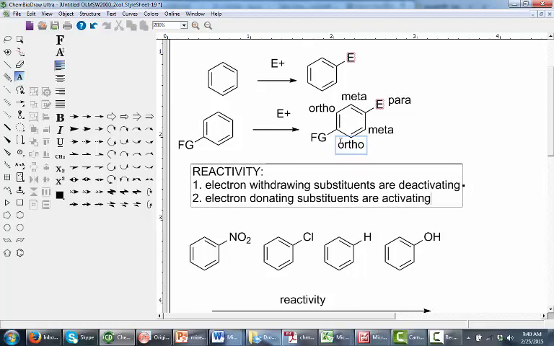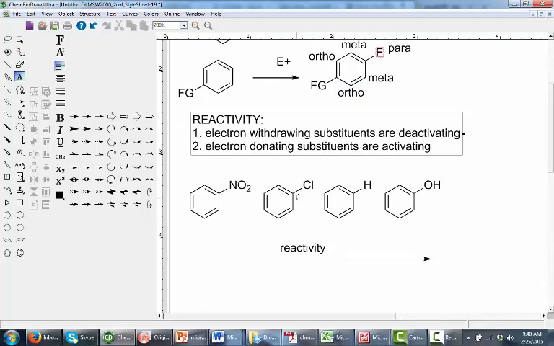Okay, so now if I think about this kind of series of molecules shown here, if I start with nitrobenzene, so NO2, the chloro, the regular unsubstituted benzene, and the hydroxy, and I ask myself what are the relative rates of reactivity of these substituents to, in this particular example, a nitration reaction. So if I take all of these and I want to add another nitro group to the molecule, what are the rates of these reactions?